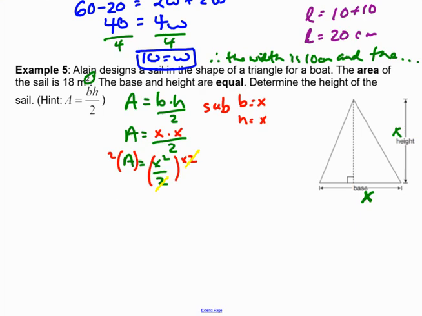And then what are we left with on this side? So 2A and x squared. Good. Now, how do we get rid of an x squared? Well, we need to square root it. So we have x equals square root of 2A. Can't do anything about it right now. So what can we finally do? So now we can substitute.